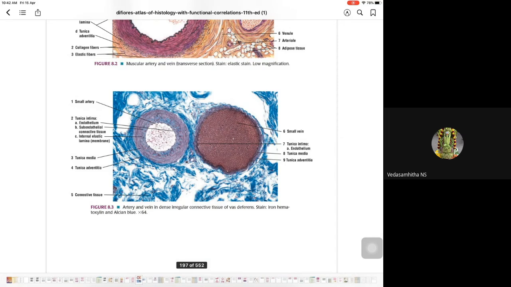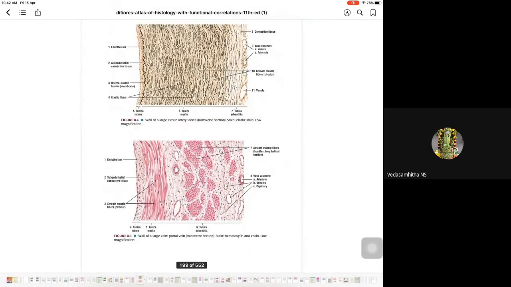Small artery: tunica intima, consisting of endothelium, subendothelial connective tissue, internal elastic lamina membrane. Tunica media, tunica adventitia, connective tissue. Small vein: tunica intima, endothelium, tunica media, tunica adventitia. Wall of a large elastic artery, aorta, transverse section, elastic stain, low magnification.